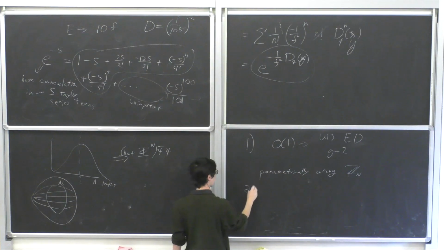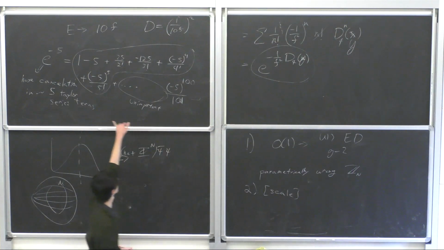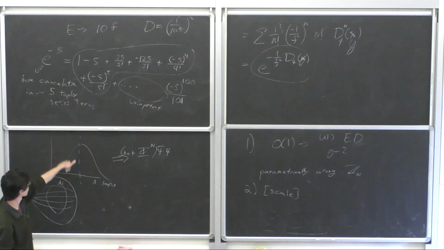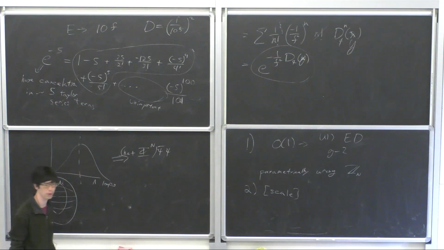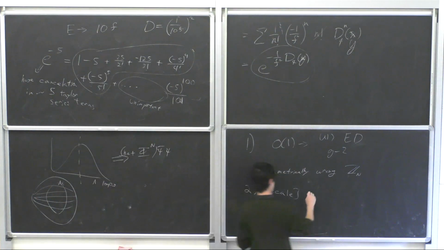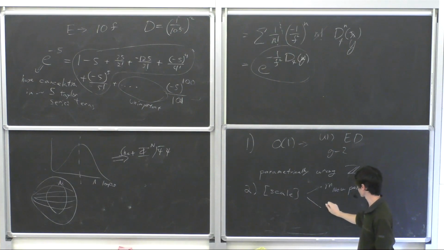And 2, what happens at the scale? Well, what happens at this scale? What happens at the scale f is right when you have to start including 1, 2-loop, 3-loop, 4-loop diagrams. And so this is just saying it could be new particles. That's what it is in supersymmetry. But it could also just be new dynamics.